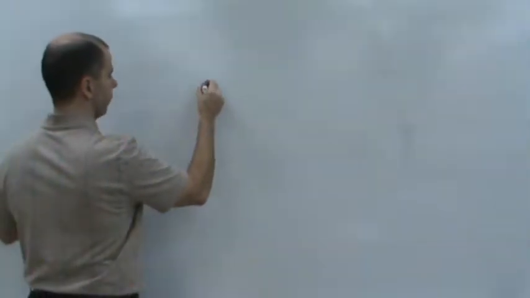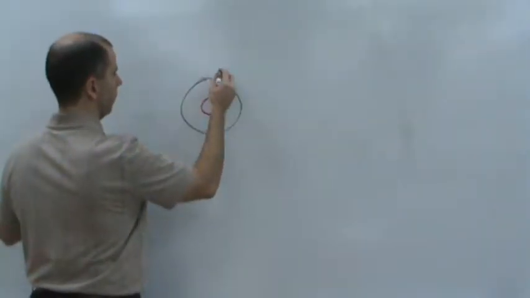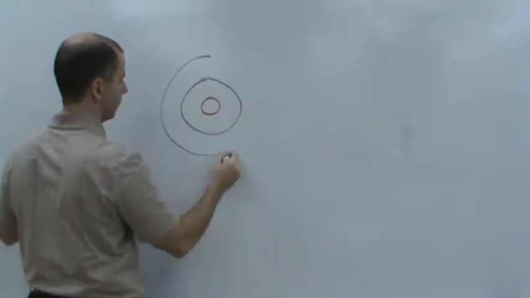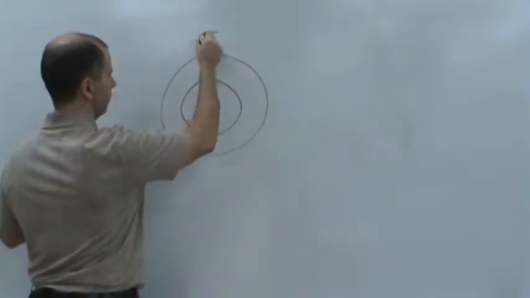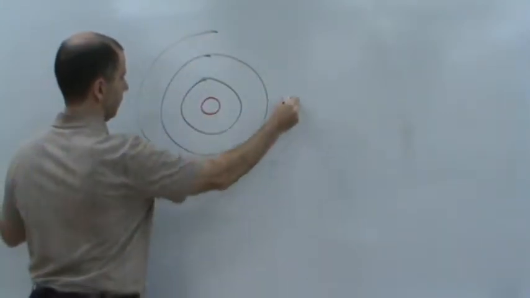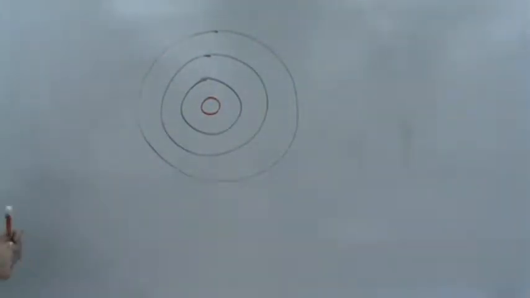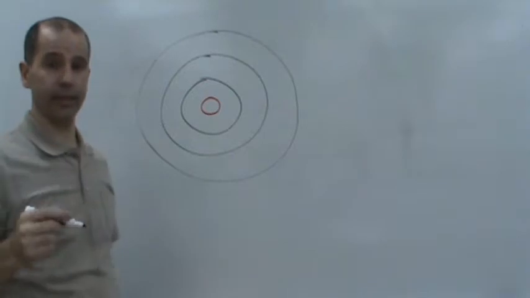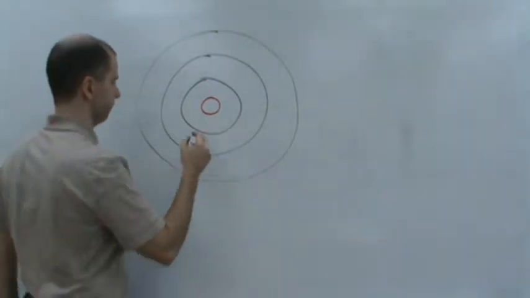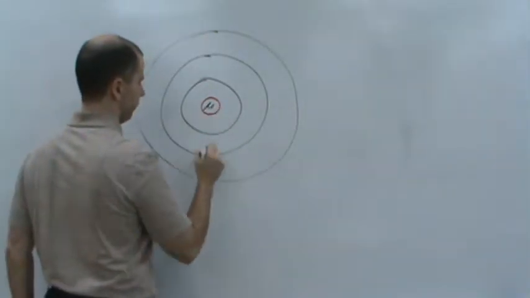And then we have our concentric circles, okay? And so let's say what we're trying to target is the parameter, right? So here's mu.